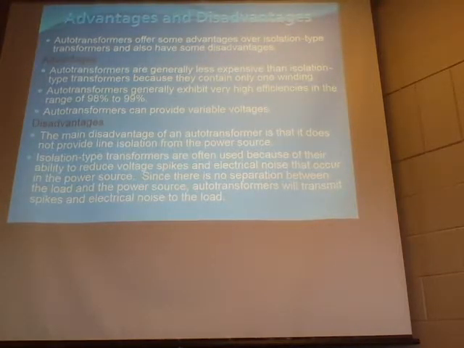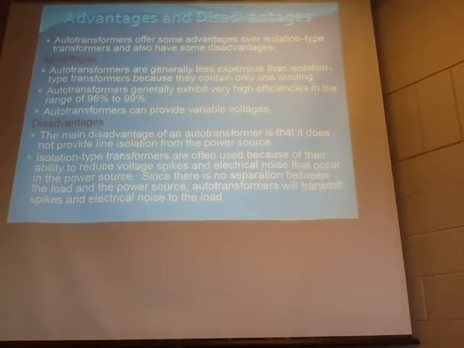So auto transformers offer some advantages over isolation type transformers and also have some disadvantages. Advantages: auto transformers are generally less expensive than isolation type transformers because they contain only one winding. Auto transformers generally exhibit very high efficiencies in the range of 98% to 99%, and auto transformers can provide variable voltages.